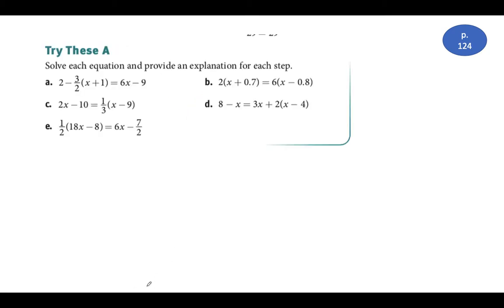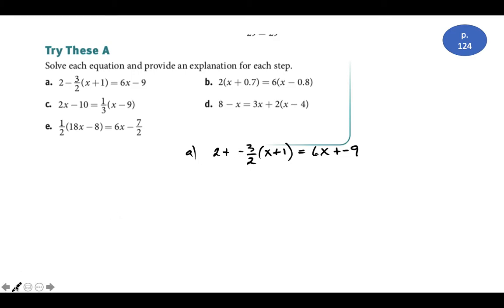All right, so we've got these, which is a lot. We're not going to do all of them, but I did want to do A for you, so let's do A. First thing I'm going to do is rewrite it without subtraction. Equals 6x plus negative 9. All right, I've got this 2 in the denominator and I don't want it.